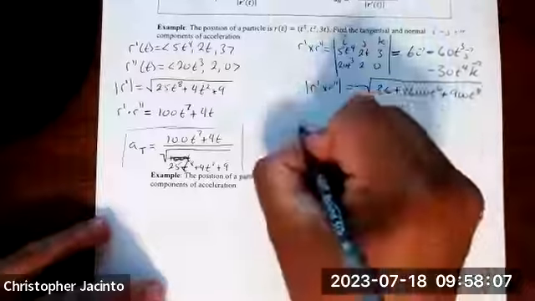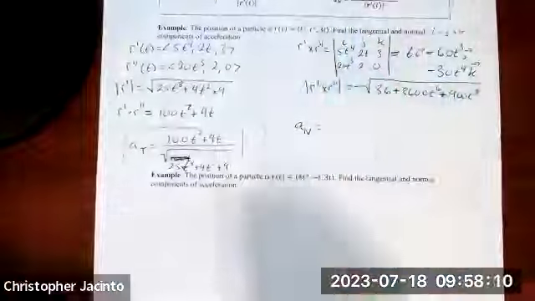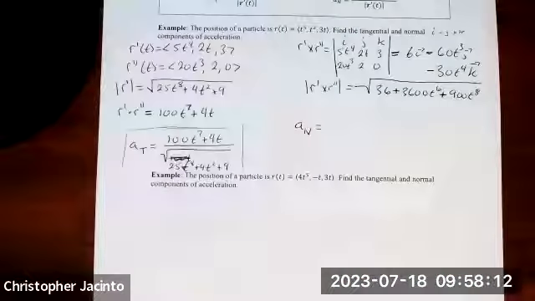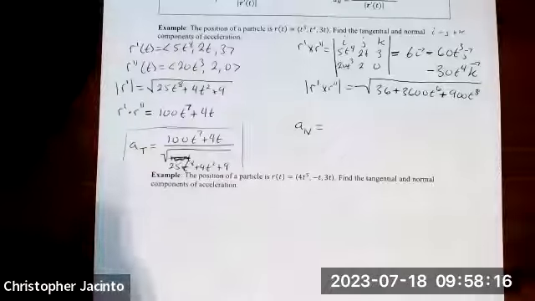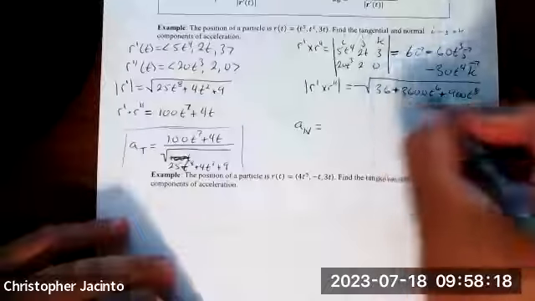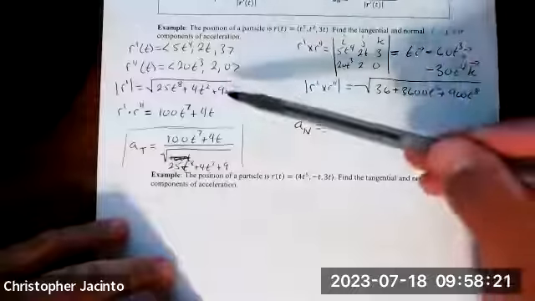So finally, the acceleration vector according to its normal component is equal to all of this horribleness divided by that.